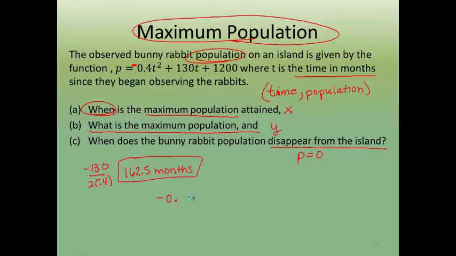Now, what is the maximum population? Well, then I would have to substitute in that negative 0.4 times 162.5 squared plus 130 times 162.5 plus 1200. All right, give that a shot.